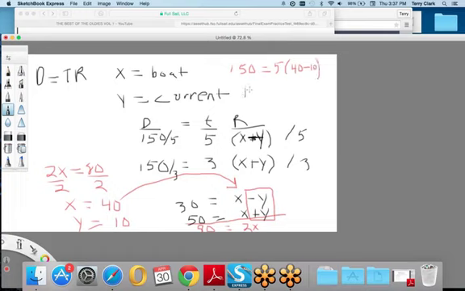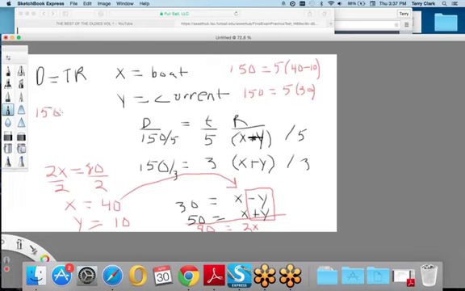So it's going to be 5 times 30, since 40 minus 10 is 30. And that's going to be 150. Then I'm going to do the other one as well, because it has to meet both conditions, not just the first one.